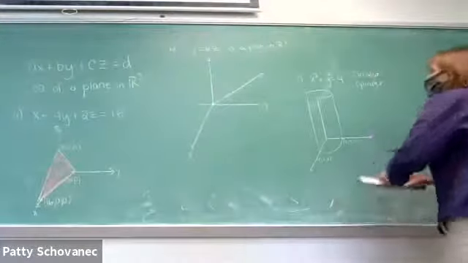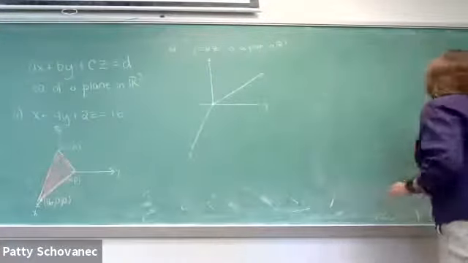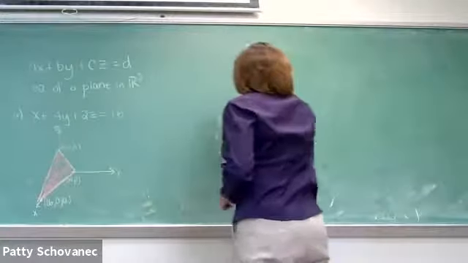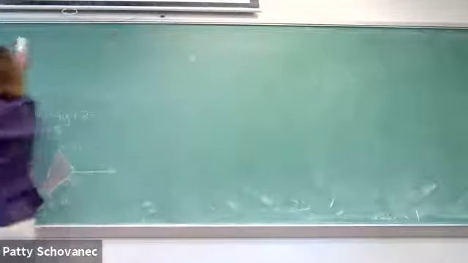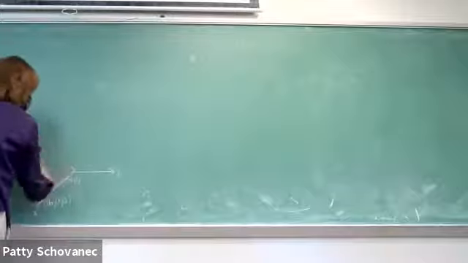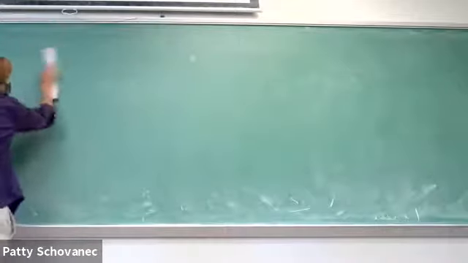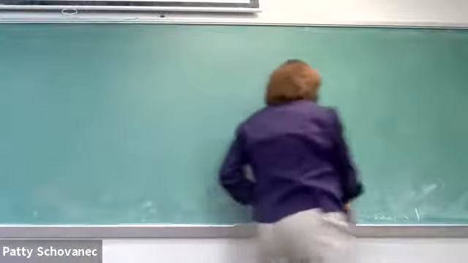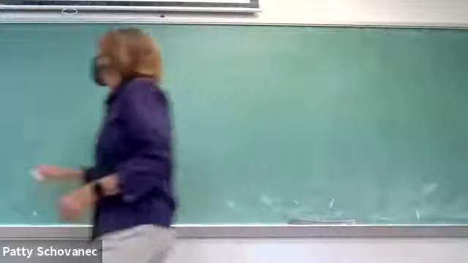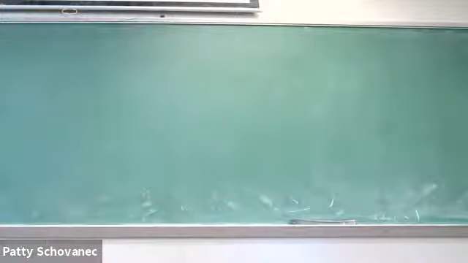Okay, so let's get back to talking about vectors. I've got 2 more vector operations to show you. And they're true versions of multiplication. We're going to have something called a vector dot product.